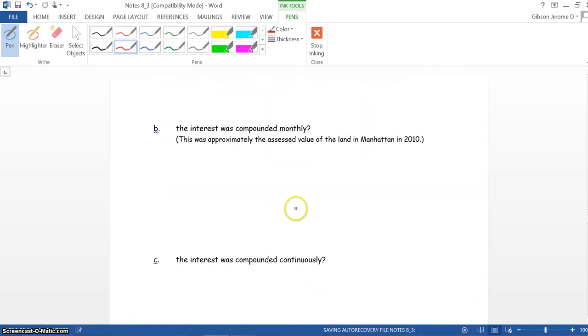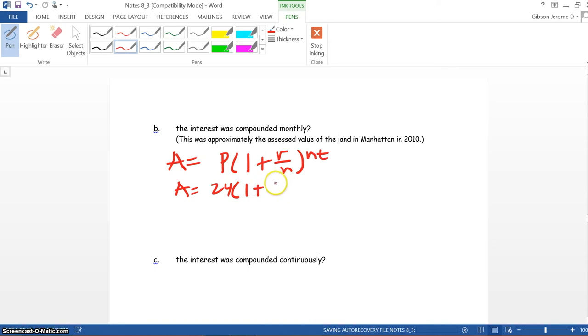Now we scroll down here to B. It says the interest was compounded monthly. So we will have A is equal to P times 1 plus R over N to the NT. A equals 24 times 1 plus, our rate is 0.05, which is 5%, over N, which is 12 months.